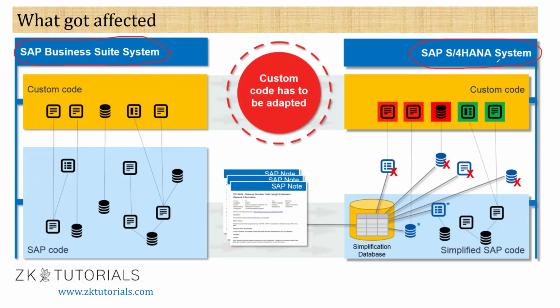So what's happening here? Here you can see there are some reports, which everyone has. I have written some reports. We have some database tables, some function modules, some include programs. These reports, function modules, includes, programs and database tables are referring to SAP objects.